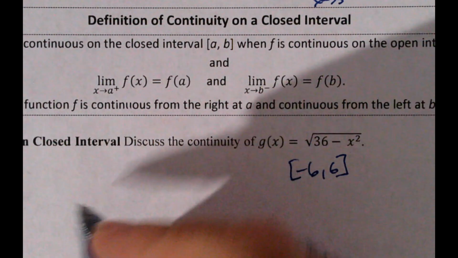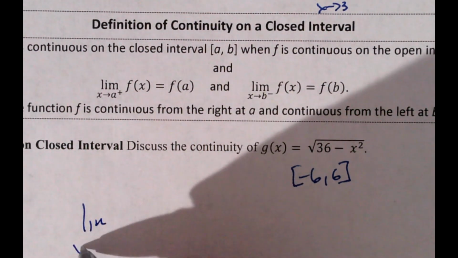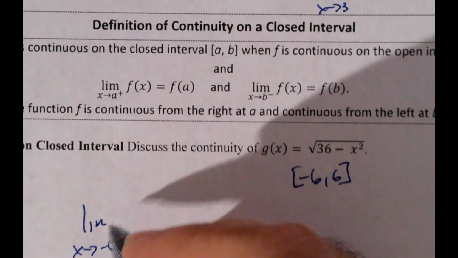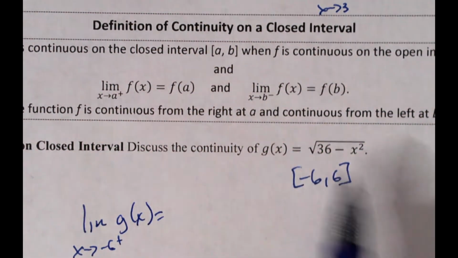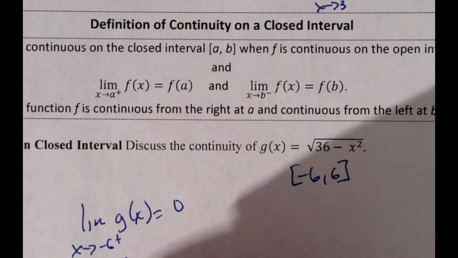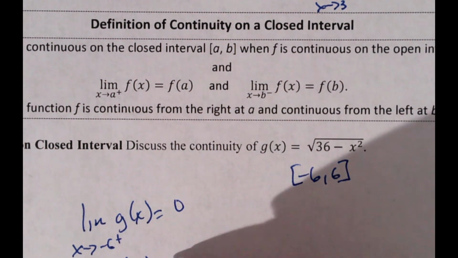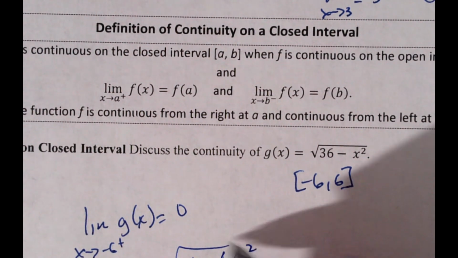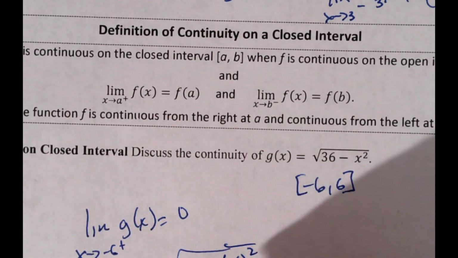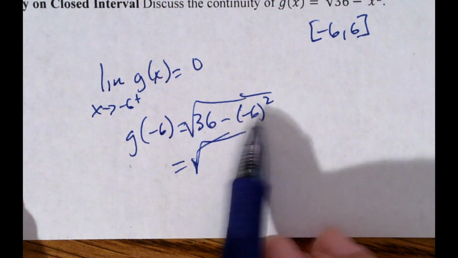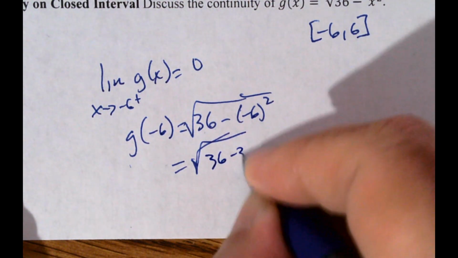So we want the limit as x approaches -6 from the right of g of x. Plugging in -6, that's 36 minus 6 squared, so it's 36 minus 36, so that's 0.